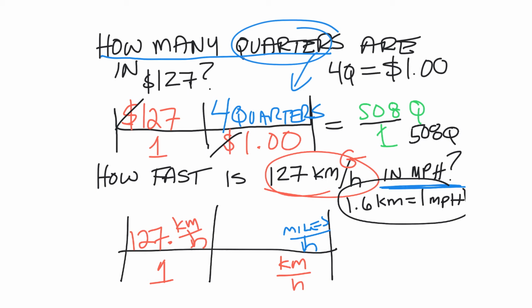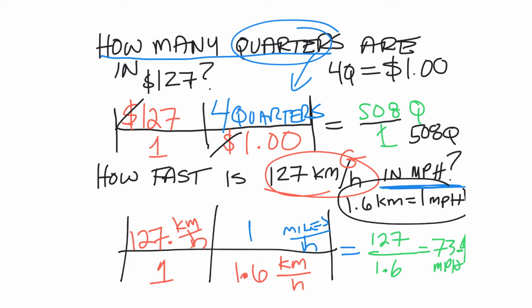So where's the kilometers? That's 1.6. So that goes here. And what goes with the word miles per hour? And that's 1. So at the end of the day, it's 127 divided by 1.6, which equals 73.4 miles per hour.